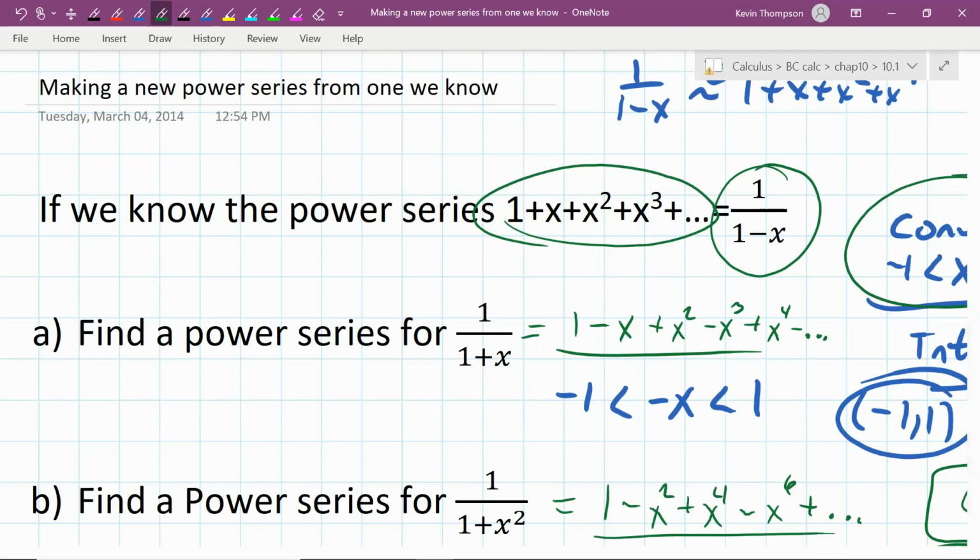Oh, don't we actually know what we need to do then? If these two things I circled are equal, they're functions, right? And they're equal to each other. Well, shouldn't the derivatives also then be equal to each other? What are you going to write down? Do it.